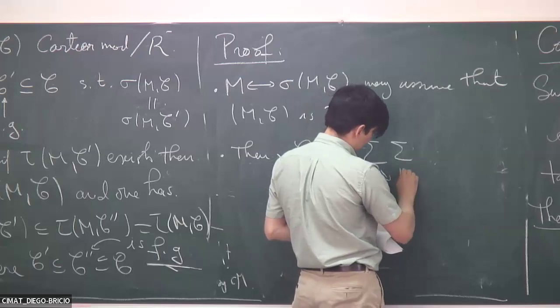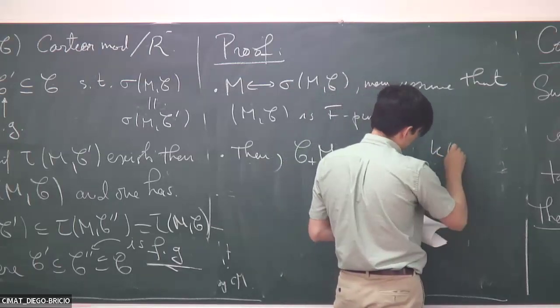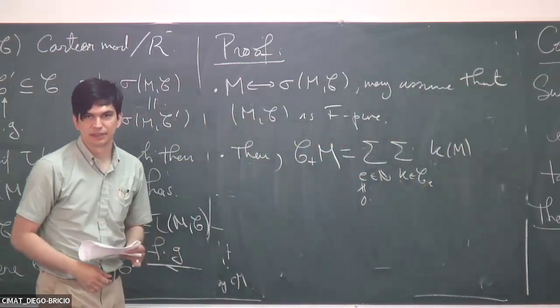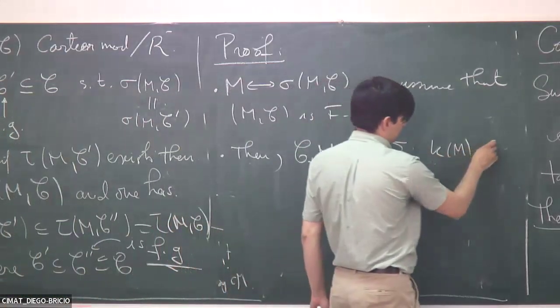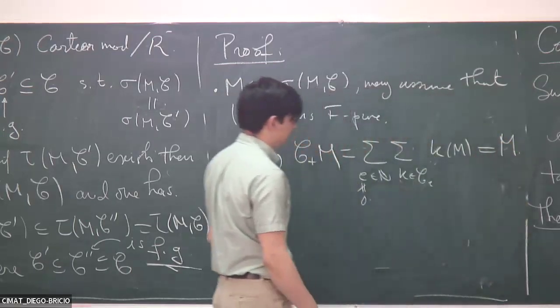In here we could write kappa acting on N, right? That's a gigantic sum, but it lives inside M, right? And so the point is that we can assume that this is an equality.